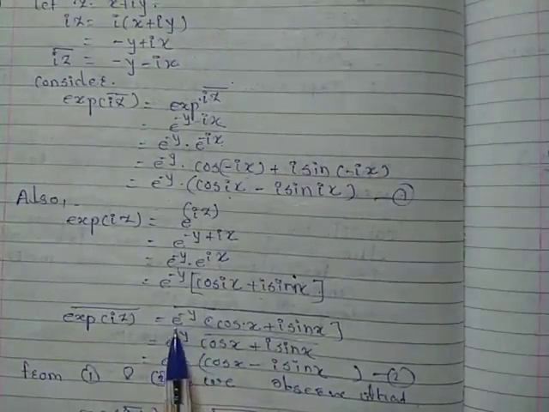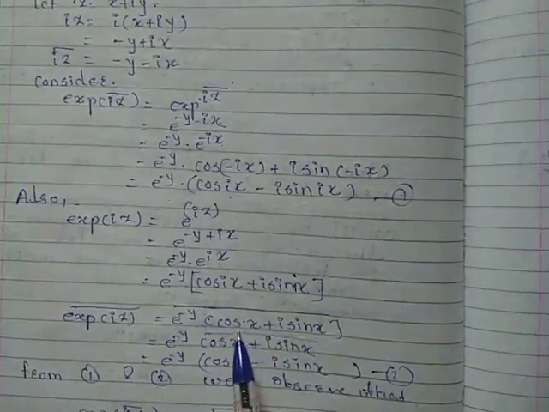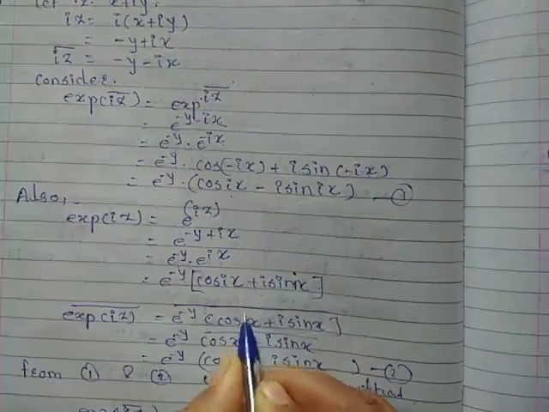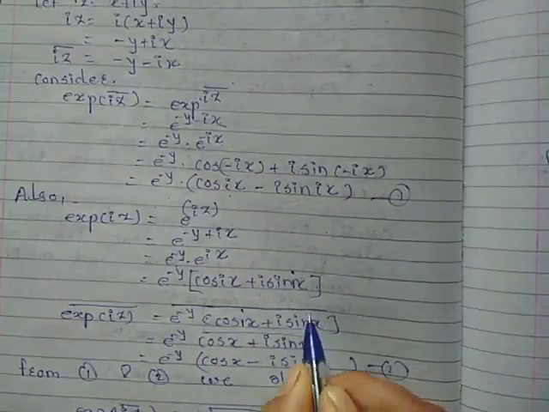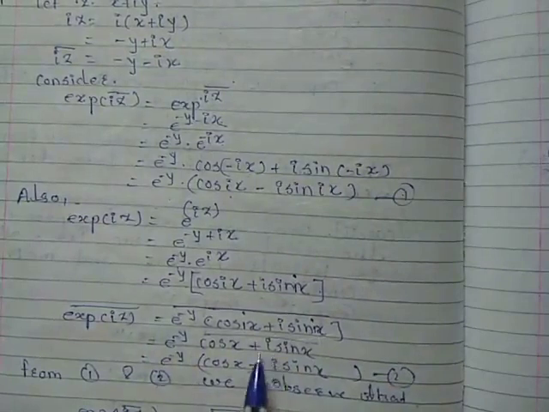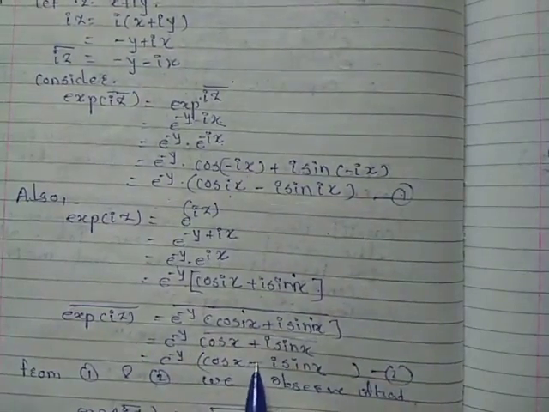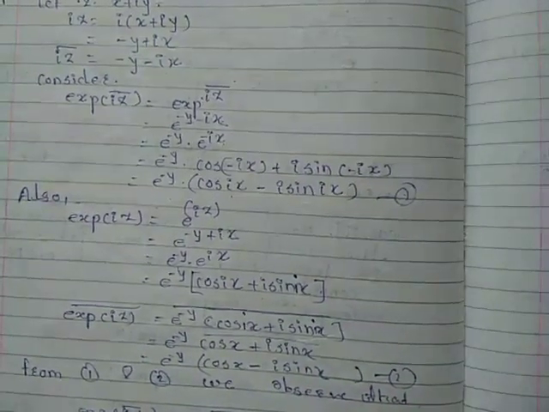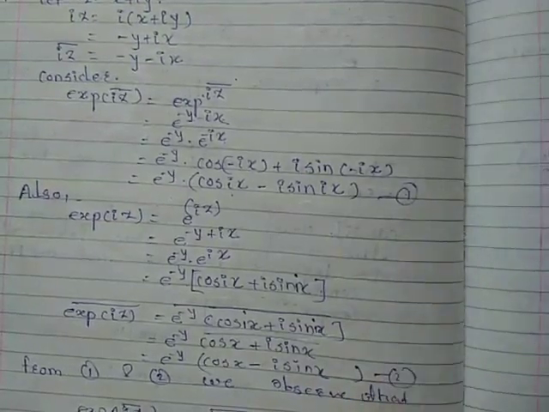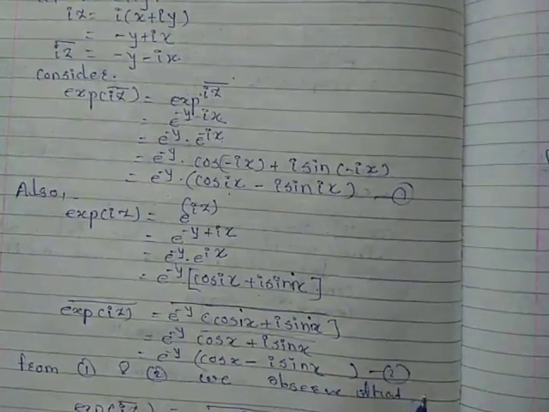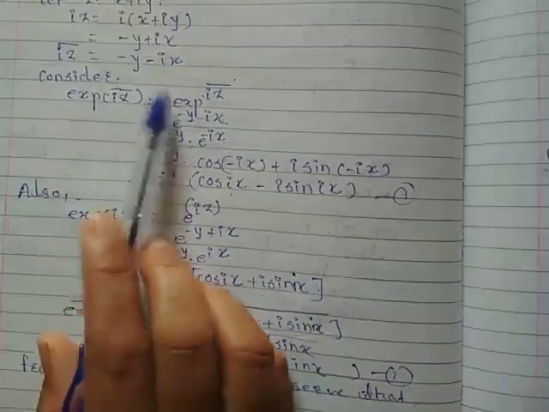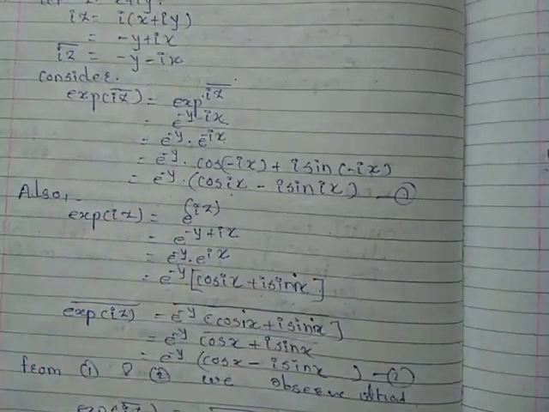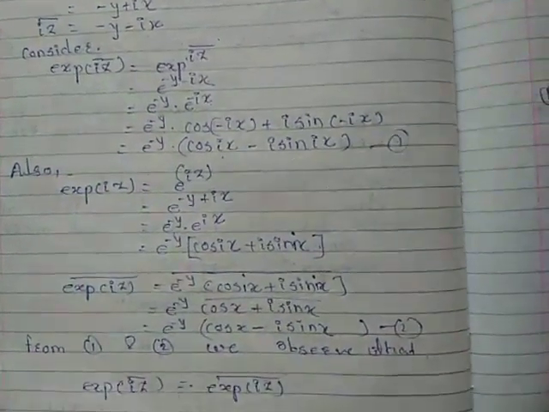We will get e raised to minus y into cos ix plus i sin ix, whole bar; the conjugate of this gives minus sin. Okay, so from 1 and 2 we observe that exponential of iz bar is equal to exponential of iz, whole bar.